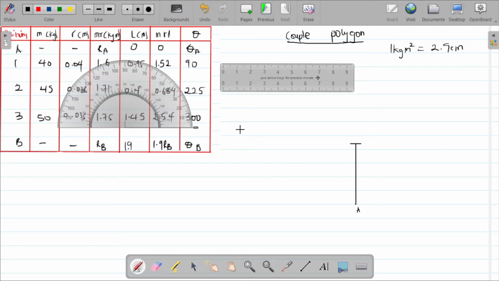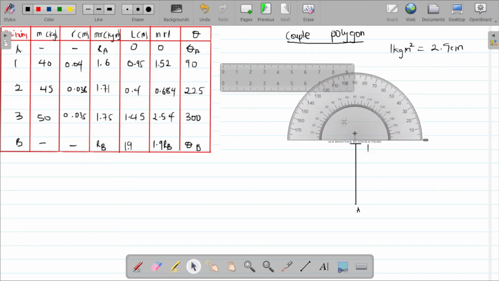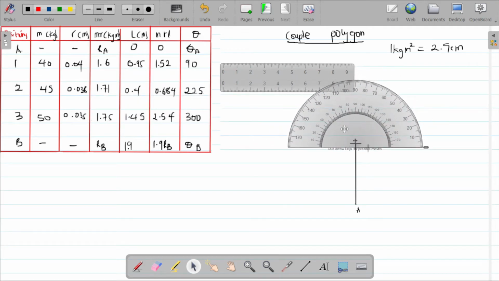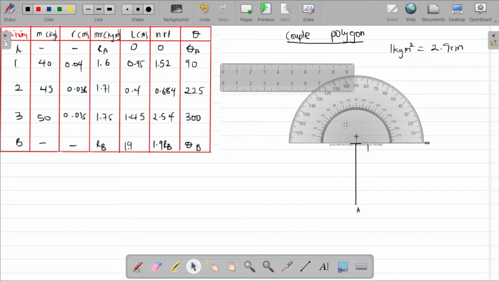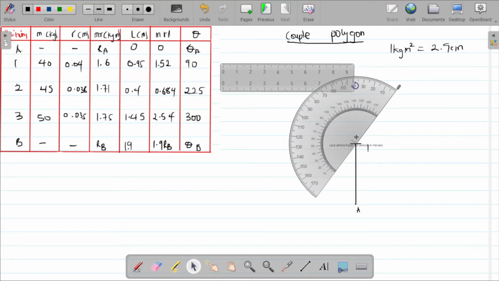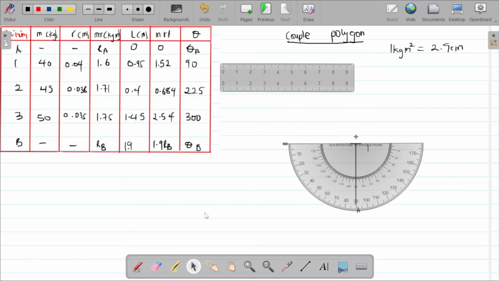So from A we move to 1. So just write 1 here. You can write the magnitude if you want. I don't want. So the next one, we move from 1 to 2. The angular orientation is 225, so we have to measure 45 degrees more. Let's measure 45.